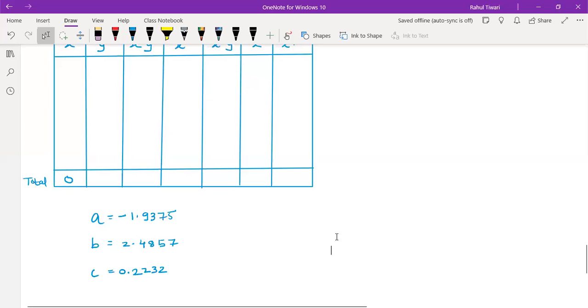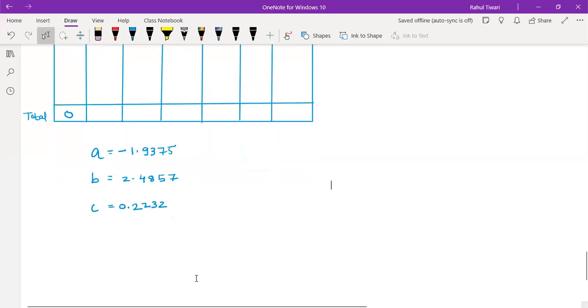So what we have to do, go to your computer calculator, and first of all clear your mode.